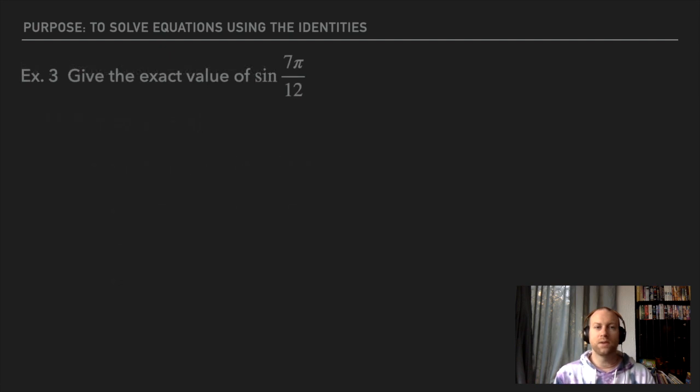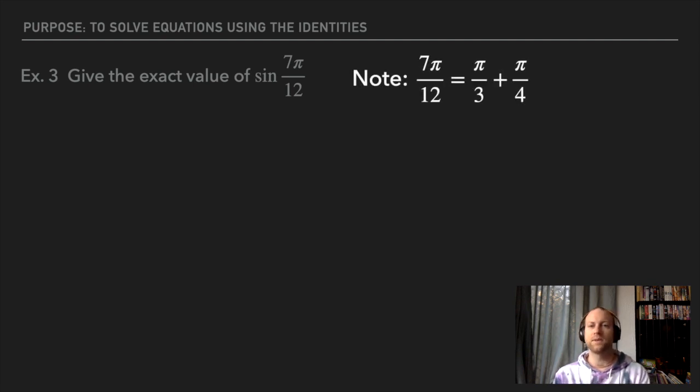Let's do another value here. Give the exact value of sine 7 pi over 12. So this one is not an exact value on your unit circle. So with this, we need to use our identity to be able to solve this. So note, 7 pi over 12 is equal to pi over 3 plus pi over 4. Pi over 3 and pi over 4 are specific values on the unit circle.